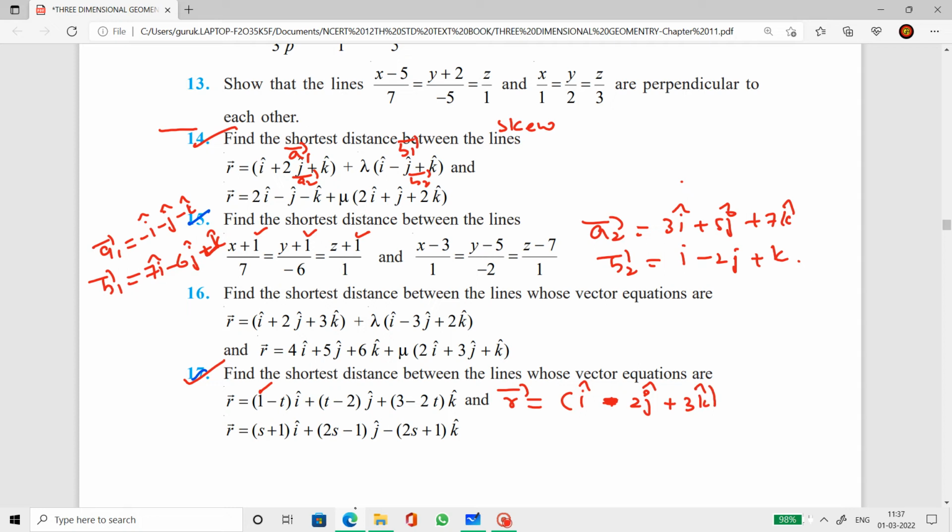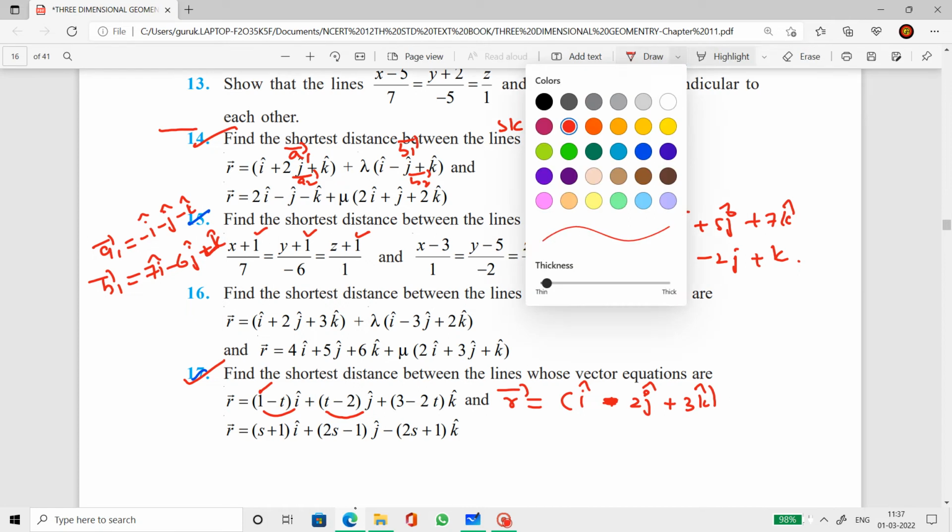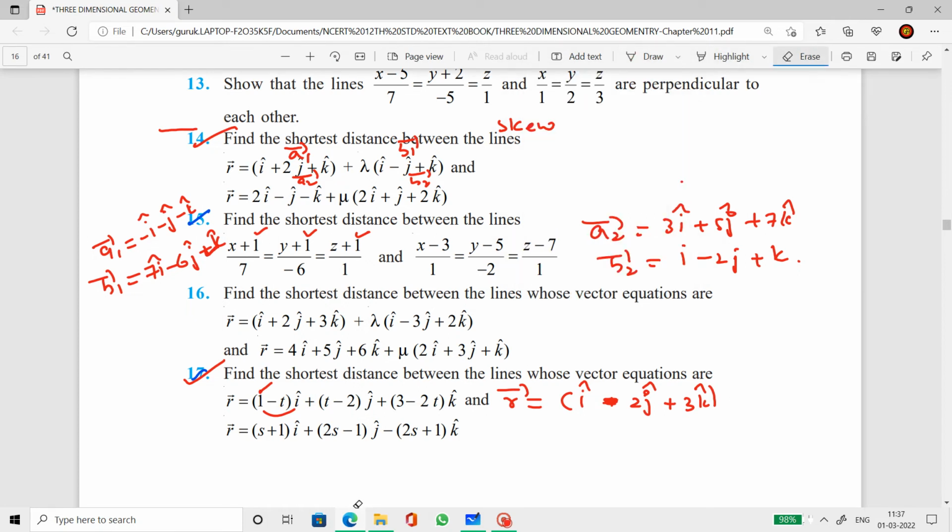So these are terms without t. So minus 2 into j and then 3 into k. Alright, plus t times all the coefficients of t. So minus i cap plus j cap minus 2k cap.